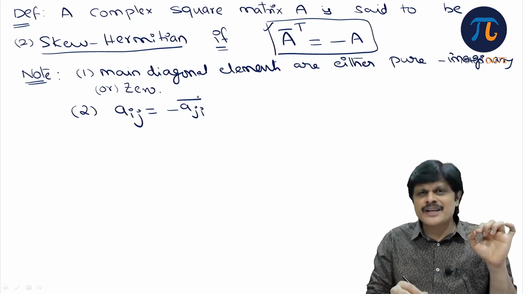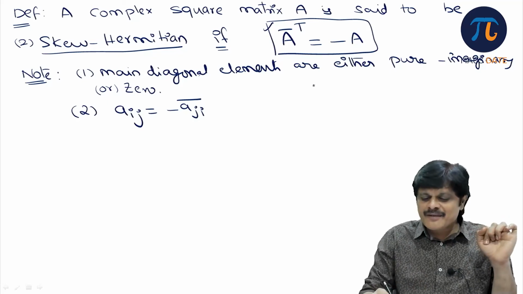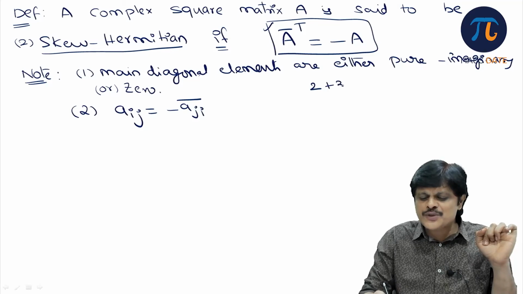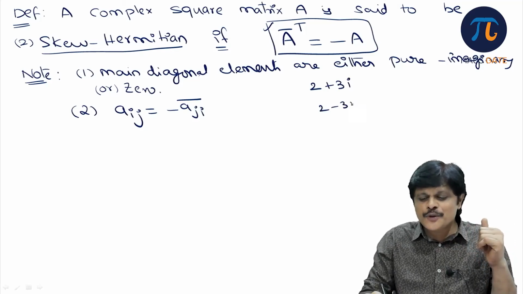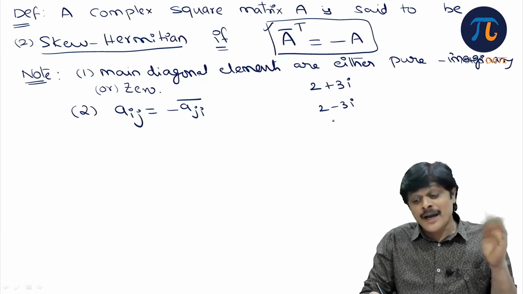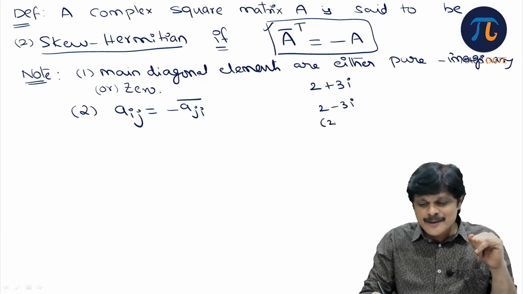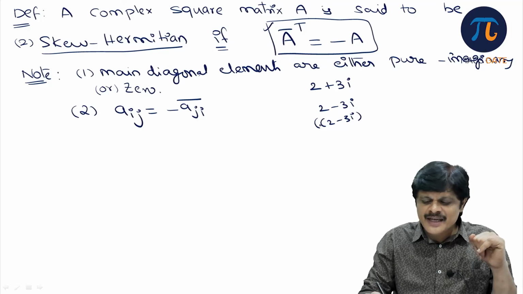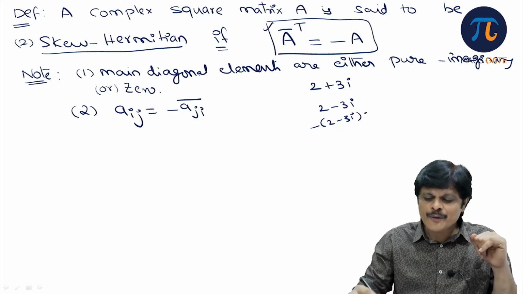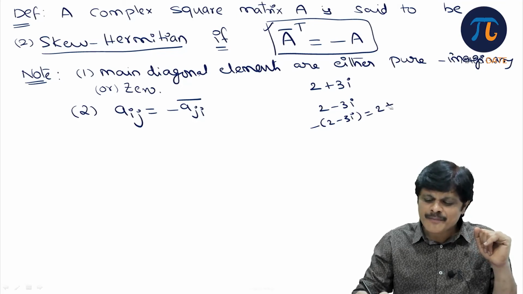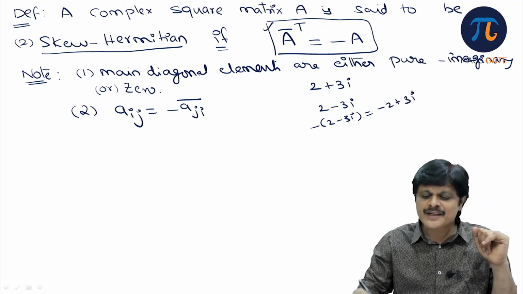See, this is very interesting to understand. For example, one fellow is 2 plus 3i. Conjugate means 2 minus 3i. Minus conjugate means minus of 2 minus 3i, and that is minus 2 plus 3i.